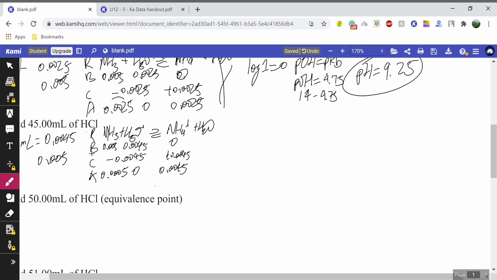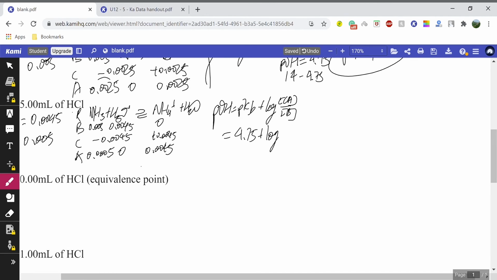Okay, now we can create pOH equals pKb plus the log of what's on top, the conjugate acid divided by the base. So that is equal to 4.75 plus the log, on top is going to be 0.0045, and on the bottom is going to be 0.0005.